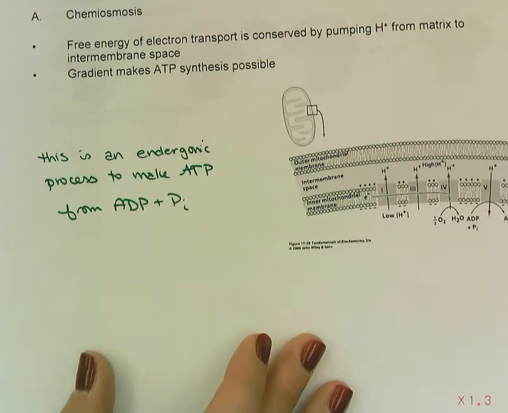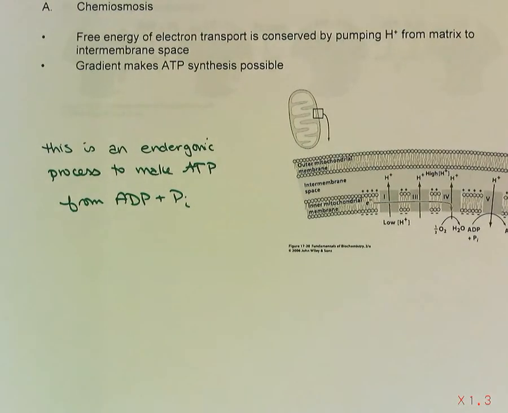The energy needed to do this reaction is conserved by pumping all those protons from the matrix to the inner membrane space. So this proton gradient is the only reason this ATP synthesis is possible.